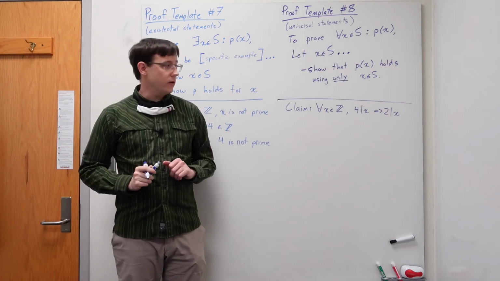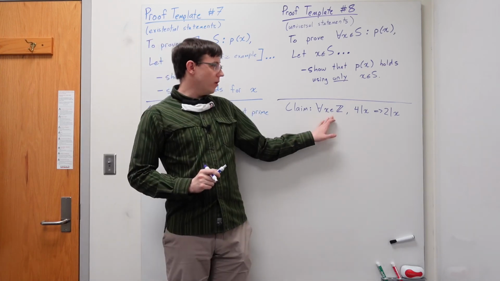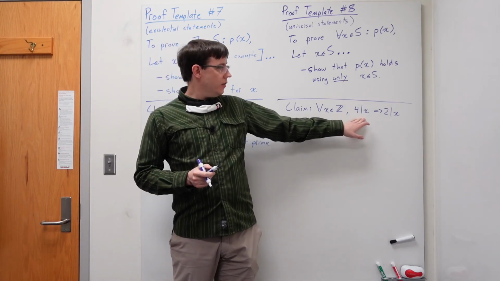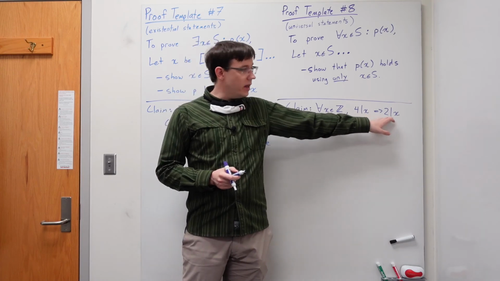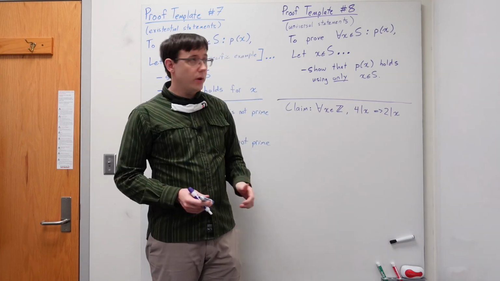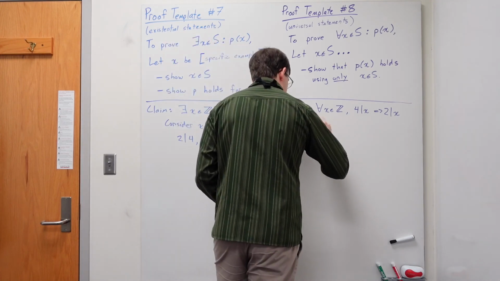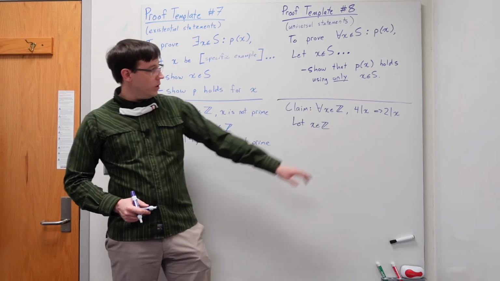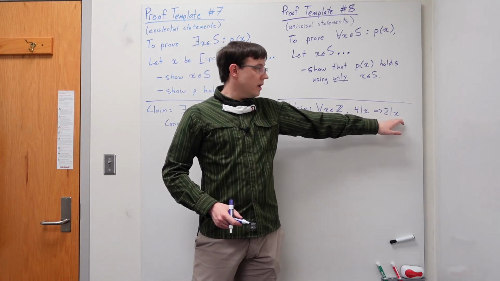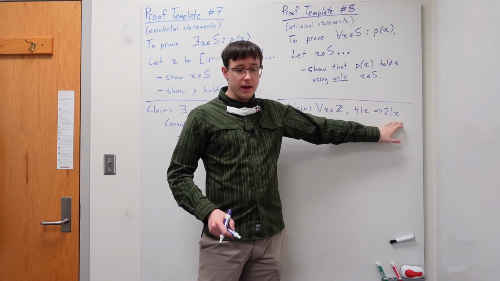Another example we had earlier was that for all integers, if 4 divides x, then 2 divides x. So now we want to hypothesize that we have an arbitrary integer. And we want to show if 4 divides x, then 2 divides x.